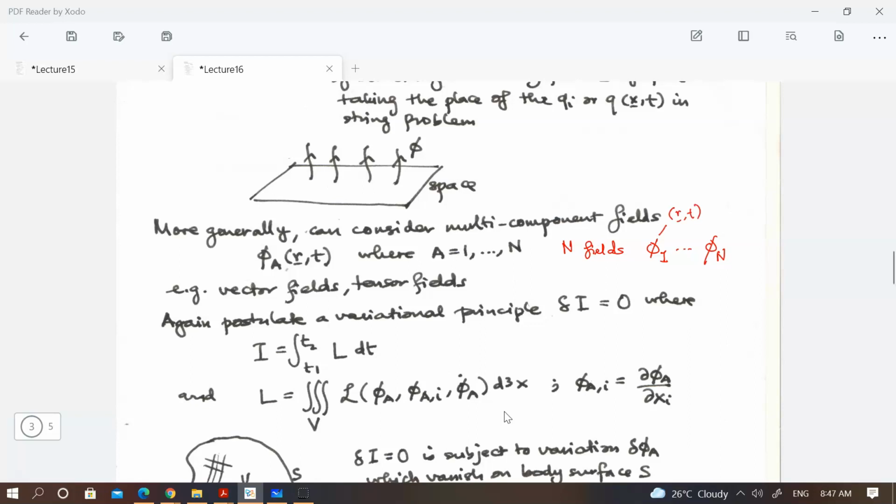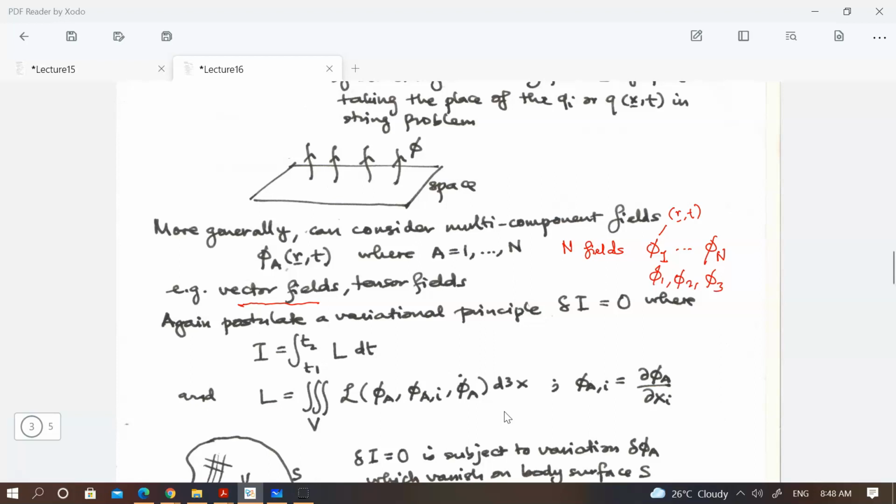Later on, these fields will be used in our formulation as vector fields. For example, for a three-dimensional vector field, we have phi 1, phi 2, phi 3. For tensor fields, you have more.